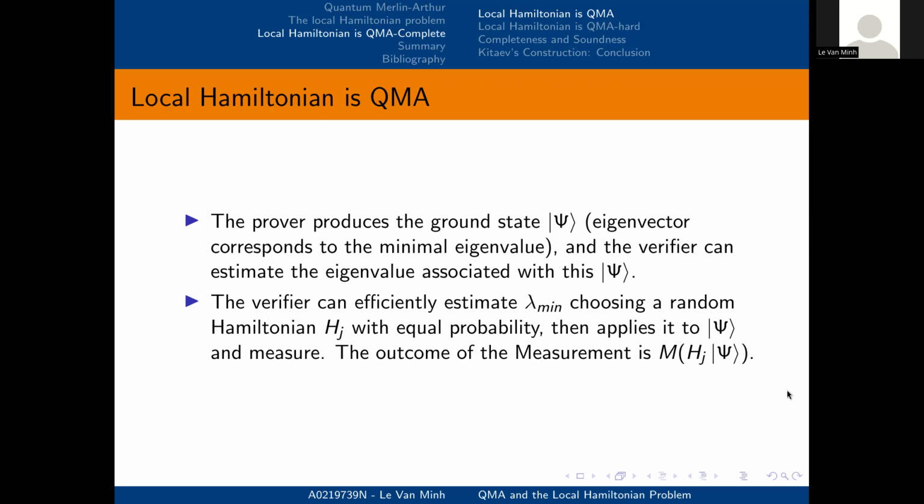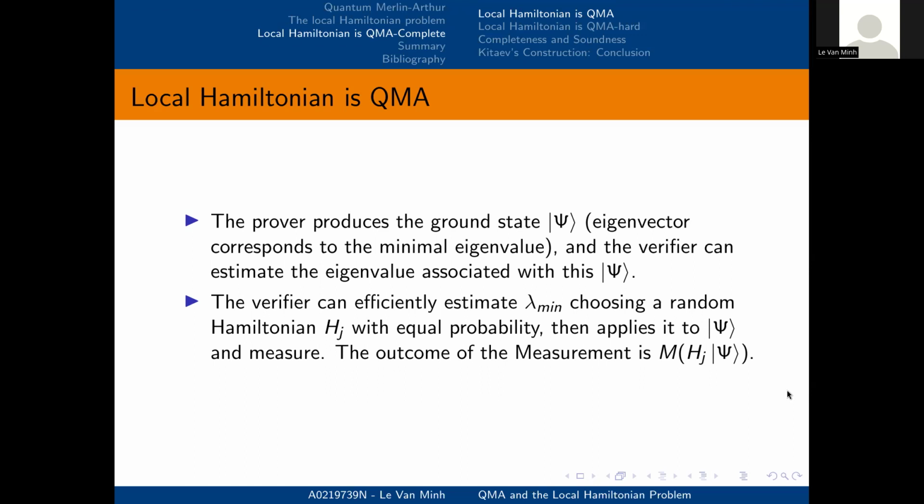It's simple: the prover will produce the ground state because he's omniscient. He can produce this from thin air. And the verifier can estimate the eigenvalue associated with this ground state using many efficient algorithms, some of which we didn't learn, so we'll go with something really simple.